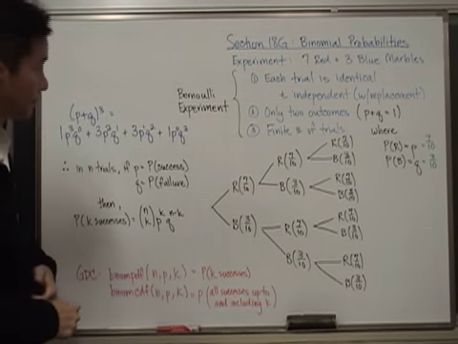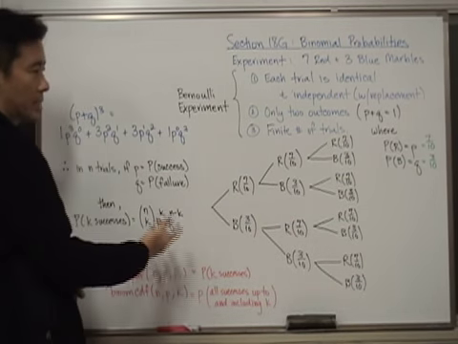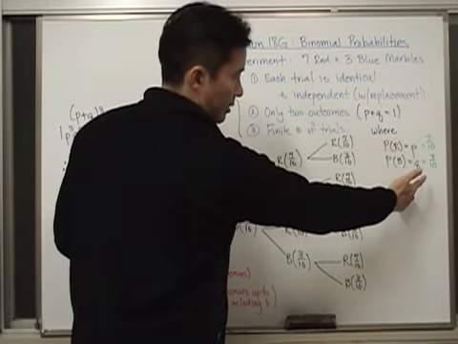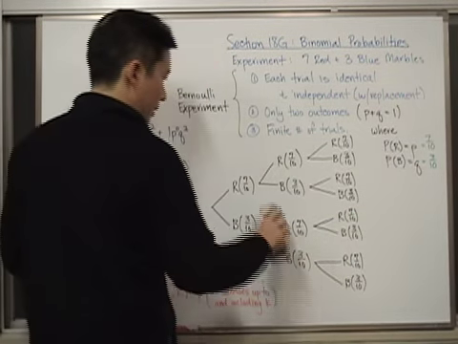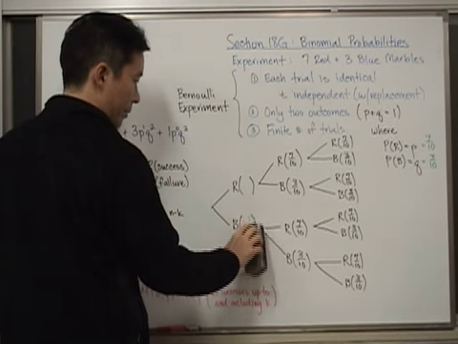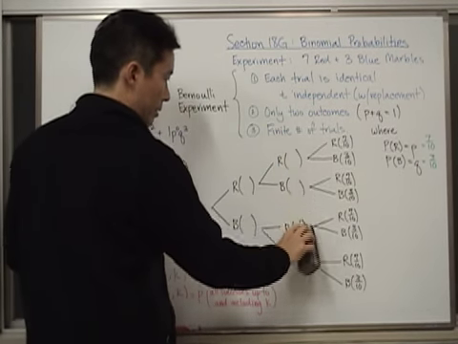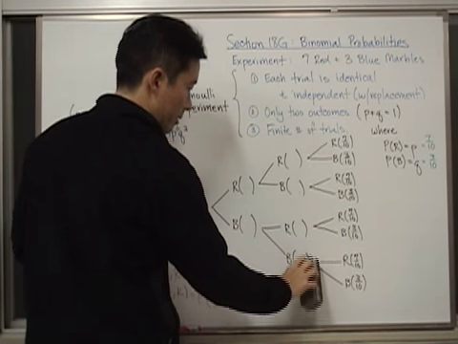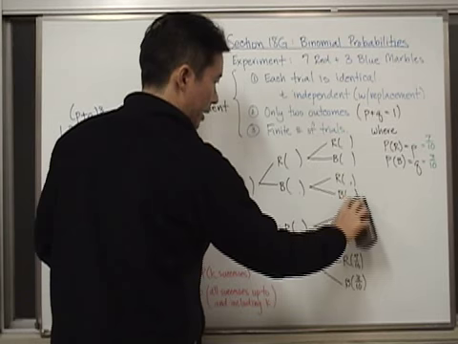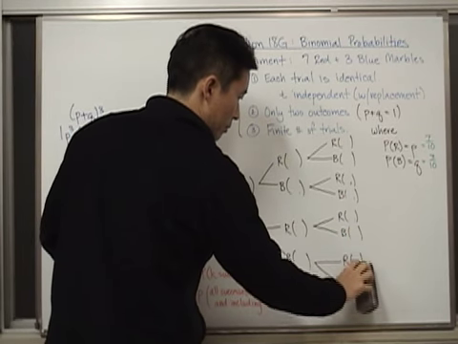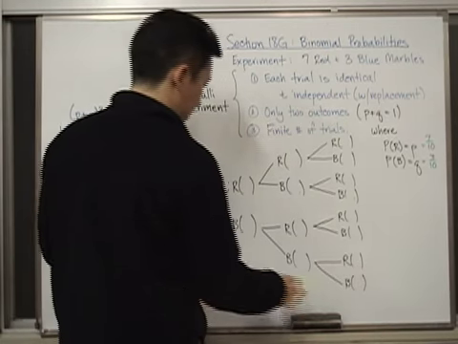Okay, now if we take a look at what we have here, instead of using 7/10 and 3/10, I'm going to replace that with p and q. So let's take all of these probabilities that we have here and replace all of this with P and with Q. Okay? So here we go.